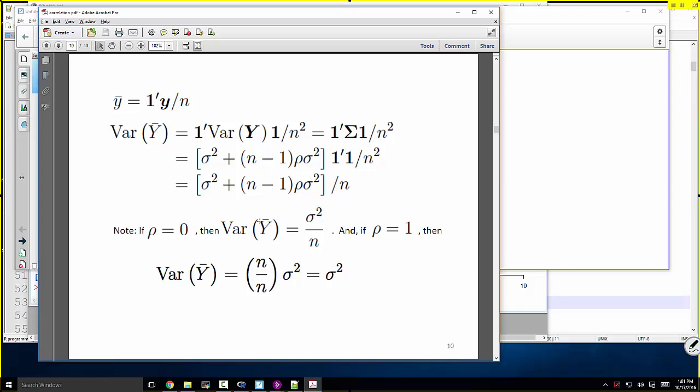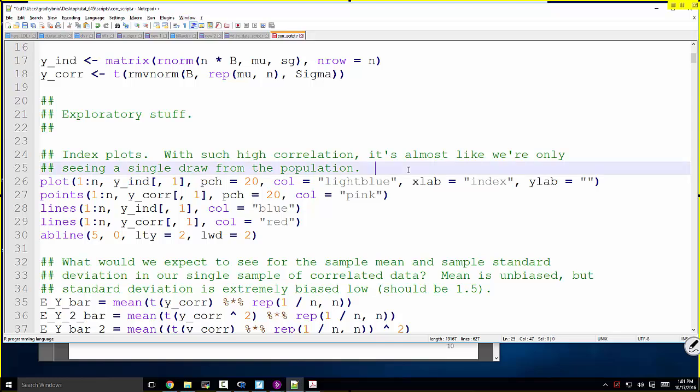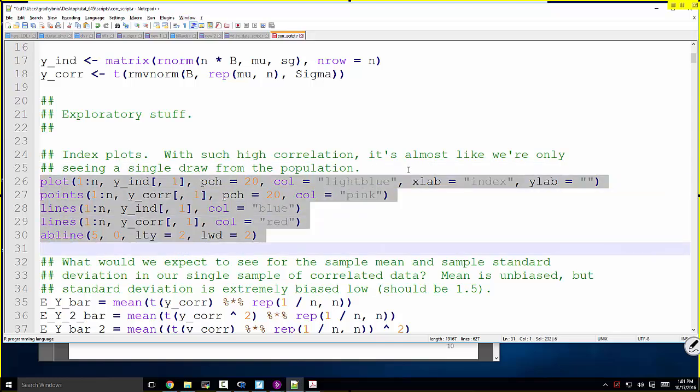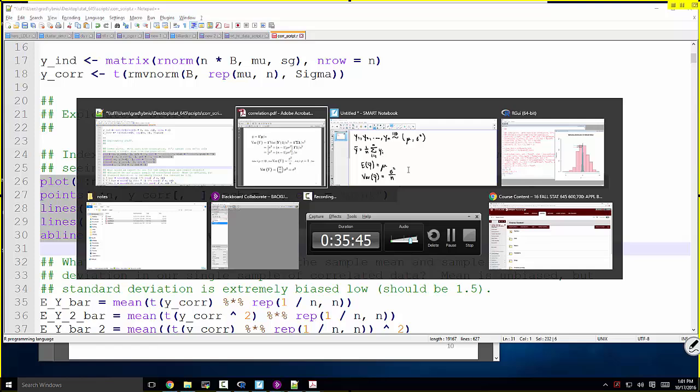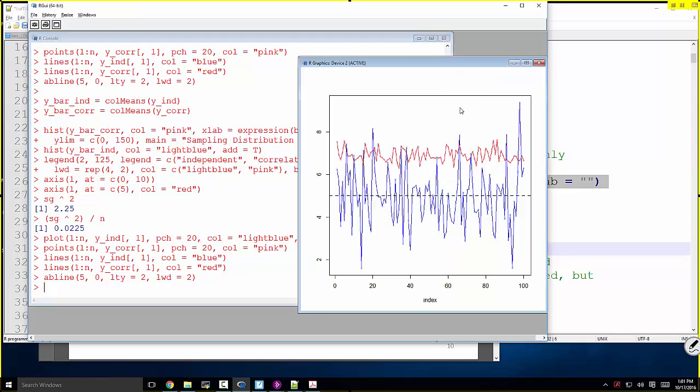On the other extreme, if rho is equal to 1, then the variability of y bar is just equal to the population variability. The reason for that, let me remake one of these pictures up here, has to do with the low within-sample variability in this correlated data case.